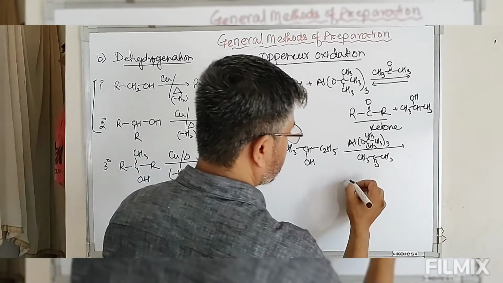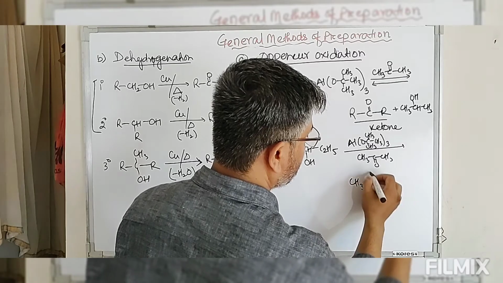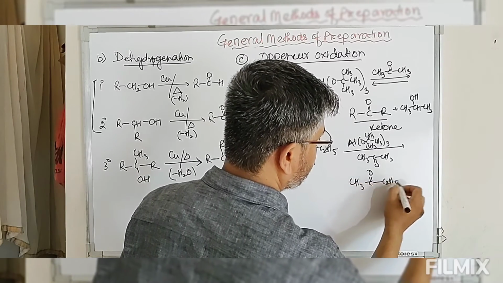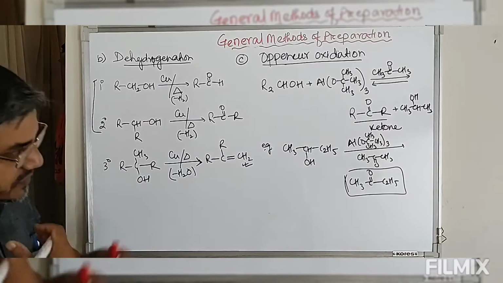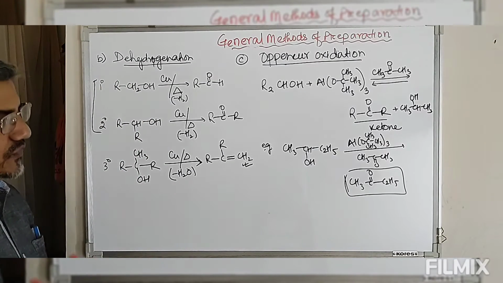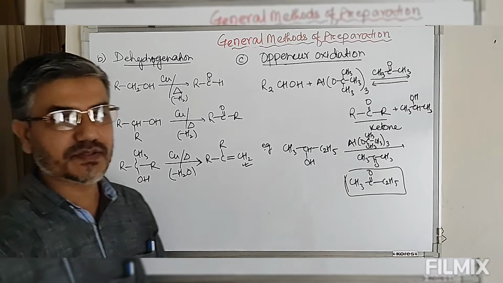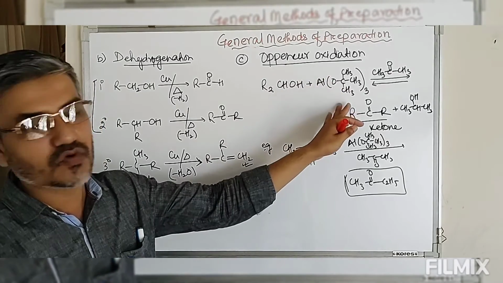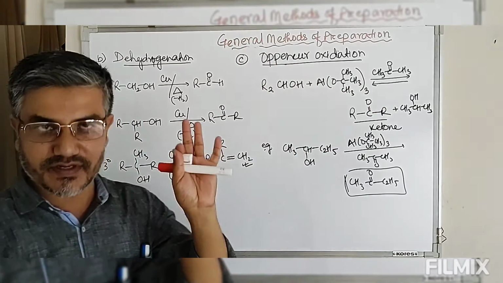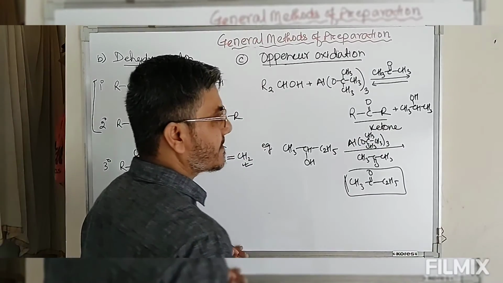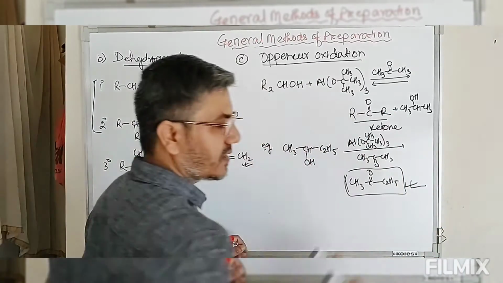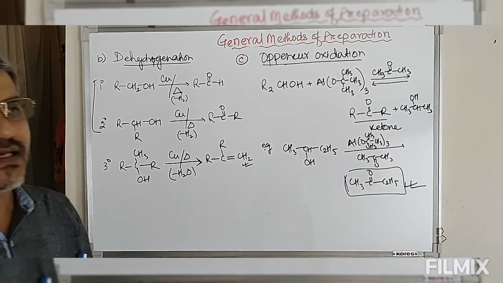This gives you the compound CH3C double bond O C2H5, so we get this ketone. So this oxidation of secondary alcohols is specific with this reagent, aluminum tertiary butoxide in presence of acetone as a solvent. All these secondary alcohols will be oxidized to give you ketone.